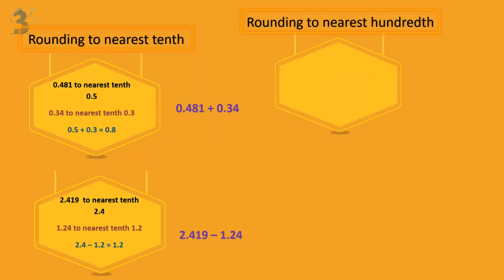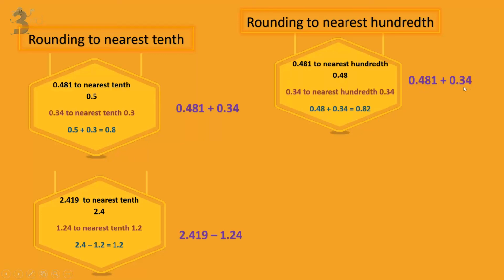Rounding to nearest hundredths. The same 0.481 plus 0.34. At the hundredths place, the next digit is 1, less than 5, so it will be 0.48. And 0.34 stays as it is because the next digit is 0, so we will not increase it.